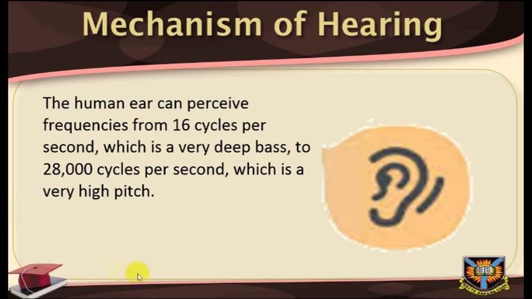Some people have perfect pitch, which is the ability to map a tone precisely on the musical scale. Bats and dolphins can detect frequencies higher than 100,000 cycles per second.